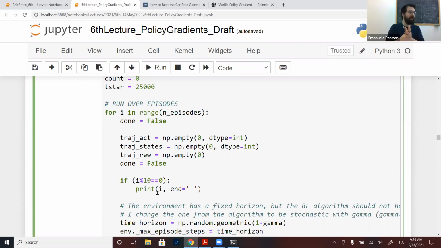The problem is that if you do it like that, the solution from those who created the environment is to say, okay, after 500 steps, you truncate it there. Otherwise, if you find the perfect solution, there is no way to kill the episode, and it will go on forever.